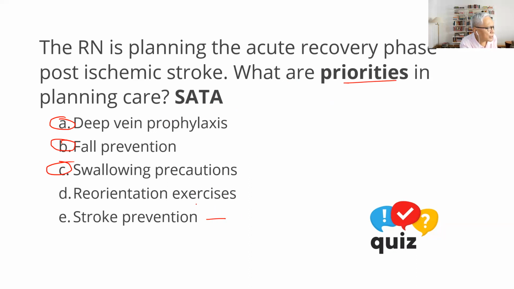And reorientation exercises, usually patients who have stroke are not going to be disoriented. But when they are, obviously we're going to reorient them on the latter part of the disease process. So the priorities would be this A, B, and C.